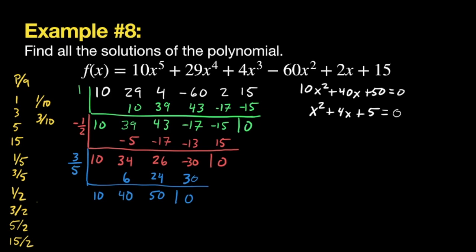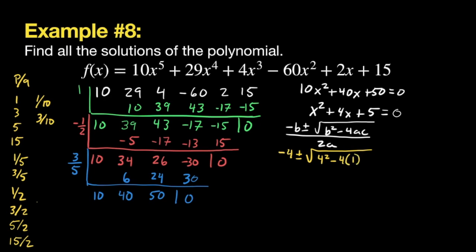And now we're going to be using the quadratic formula. So the quadratic formula is going to be negative b plus or minus square root of b squared minus 4ac over 2a. And using the numbers that we have, negative 4 plus or minus the square root of 4 squared minus 4 times 1 times 5, and everything over 2 times 1.